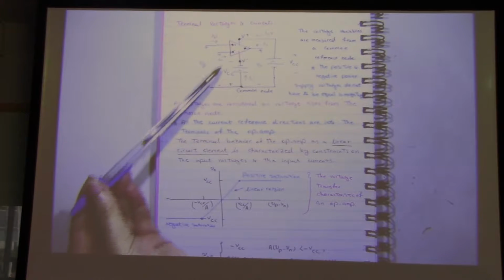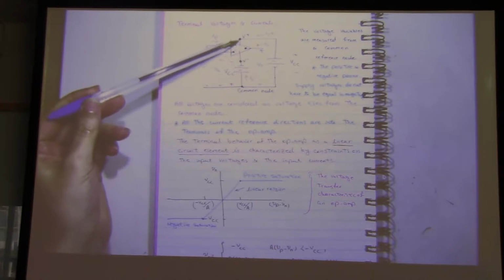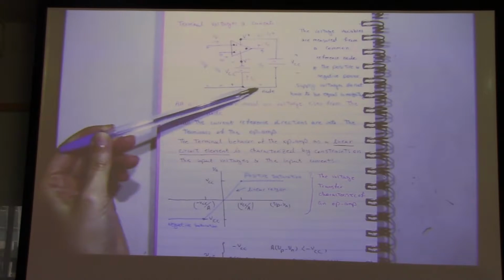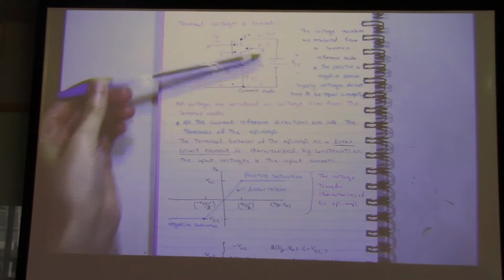For IN current, the direction of the reference current is going inside the op-amp. That's why I have this arrow going inside. So this is IN because this is the negative, inverting terminal. And over here you see positive power supply, and this one is negative power supply. And this is the output.